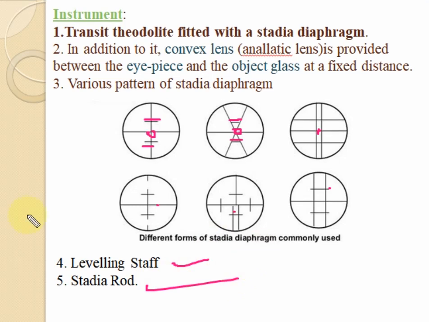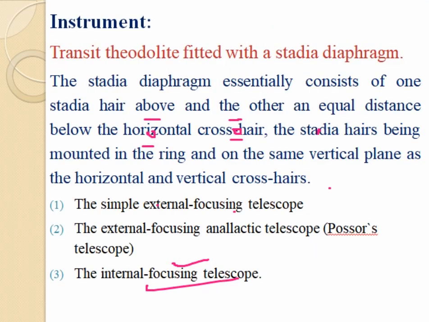Then the transit theodolite fitted with the stadia diaphragm consists of one stadia hair above and the other an equal distance below the horizontal crosshair, being mounted in rings and in the same vertical plane as the horizontal and vertical crosshair. The simple external focusing telescope, this is the different types of the tachometer. Second is the external focusing analytical telescope, third is the internal focusing telescope.